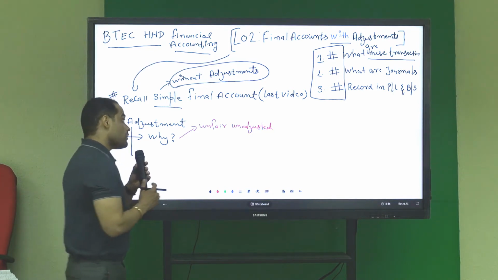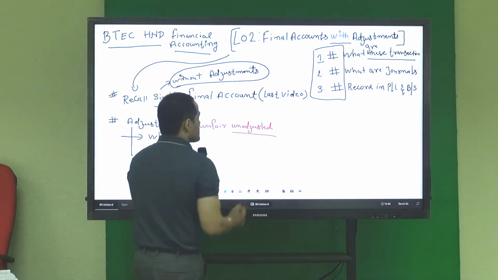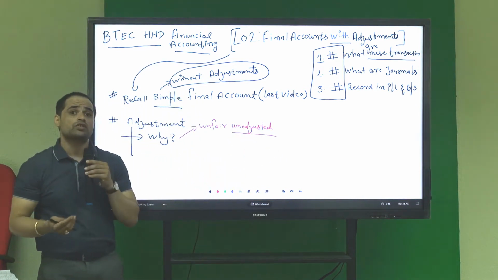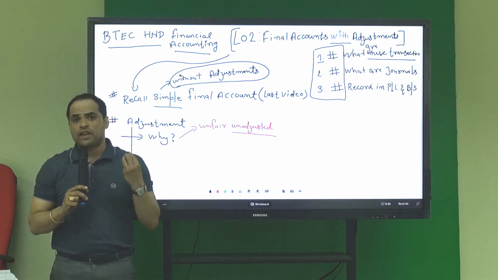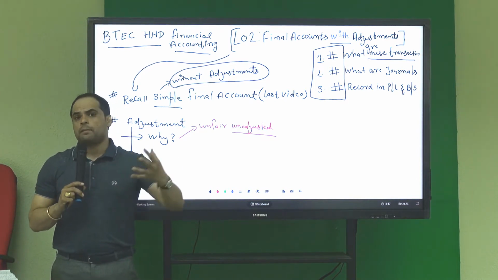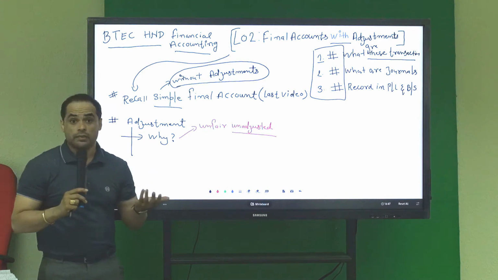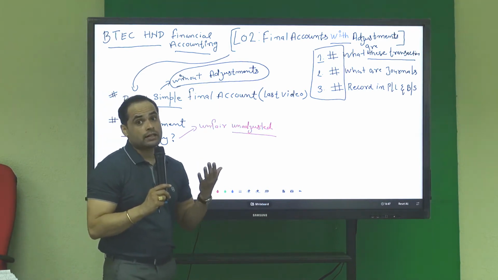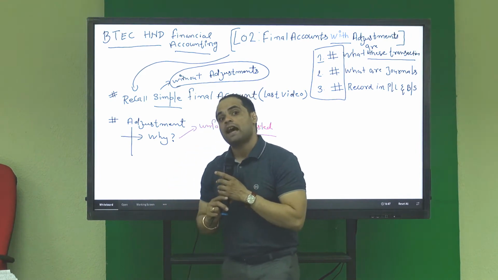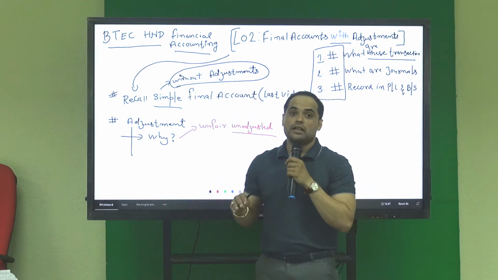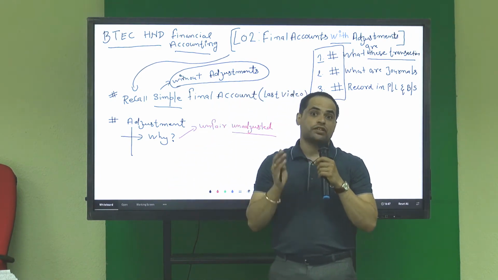Now, what does unadjusted final accounts mean? Unadjusted means incomplete final accounts, or final accounts which do not provide a true and fair picture of the company's financial records. Why not? Because we did not make some changes in the final accounts as per the transactions that occur after the trial balance.